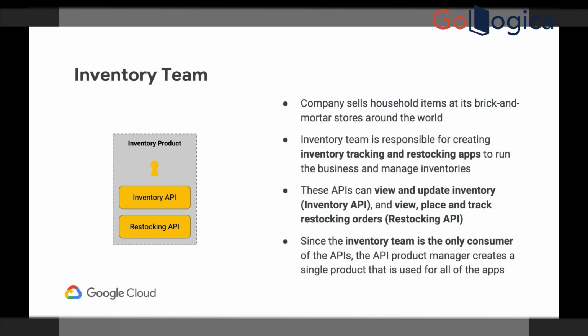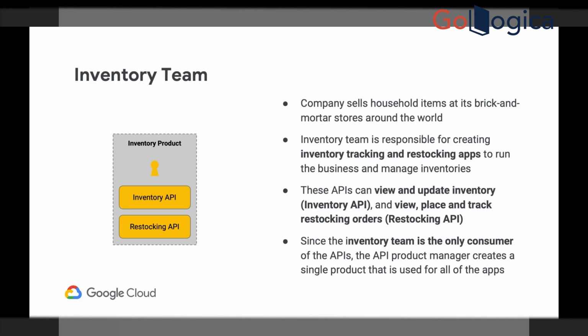Then in that company there is an inventory team that is responsible for creating inventory tracking and restocking apps. That inventory team is going to build one app for inventory tracking and restocking, to run the business and manage inventories. For that app, you have built APIs.